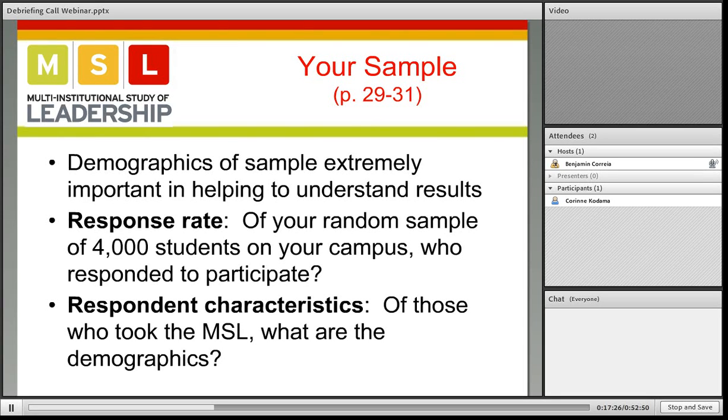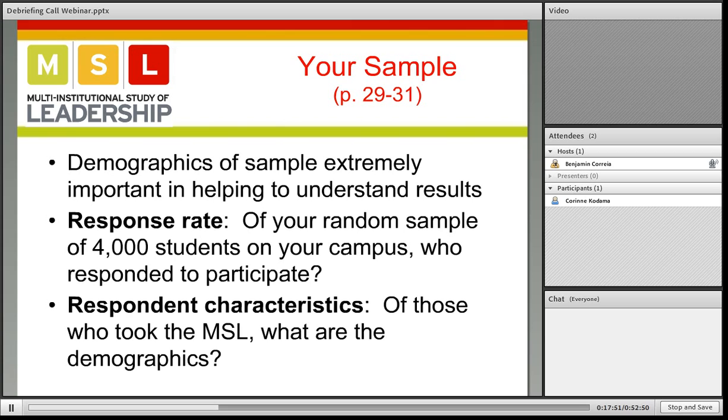So we have two tables here. One is response rate, and that is of your random sample of 4,000 students, who responded. What percentage of women on your campus responded? What percentage of African Americans on your campus responded? However, what more people are typically interested in is the respondent characteristics, which describes your MSL sample.